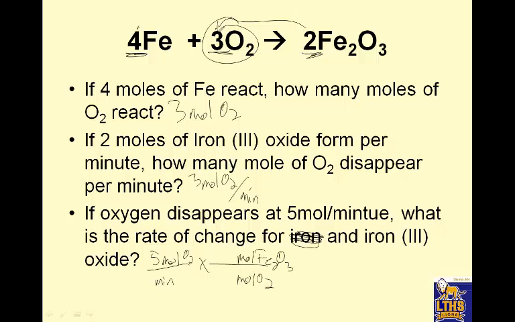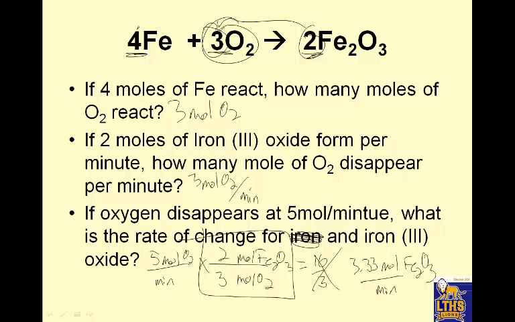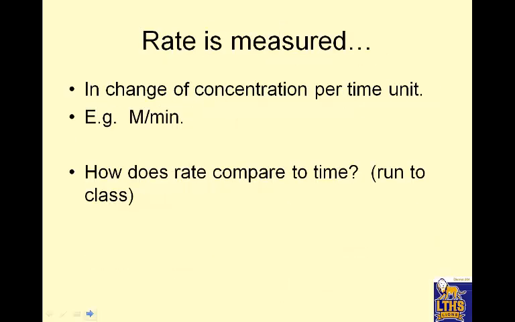I still have that relationship of 3 to 2, so 3 moles of oxygen to 2 moles of this, and I would get 10 thirds, which you'd never leave that because I don't want to watch my sig figs, and I get 3.33 moles per minute. And moles of what? Fe2O3. So another simple little mole ratio that we just can't seem to get away from.